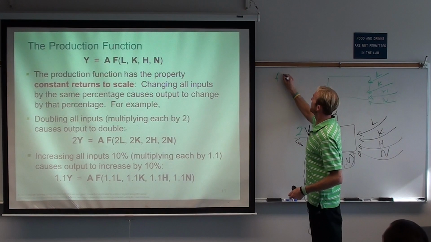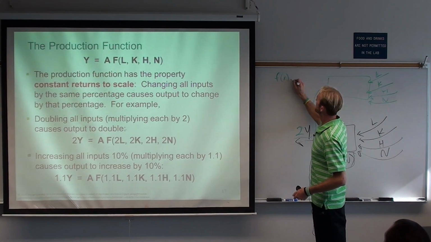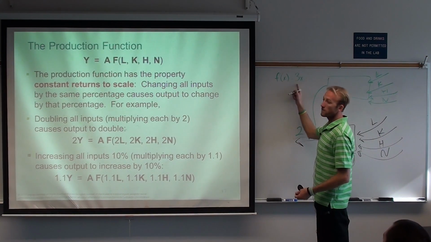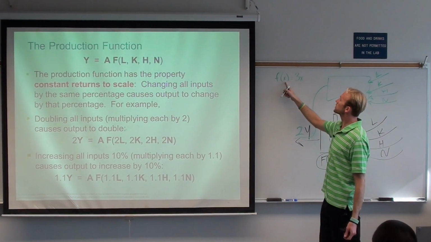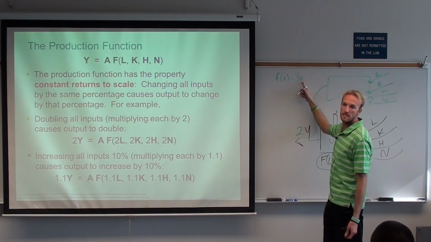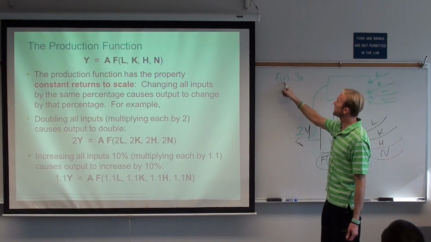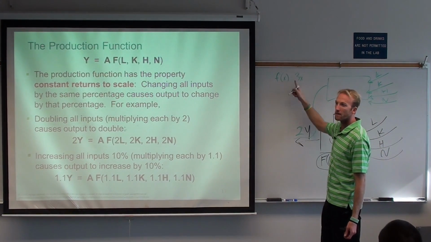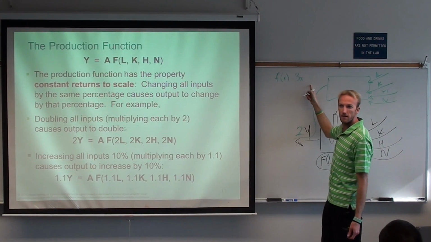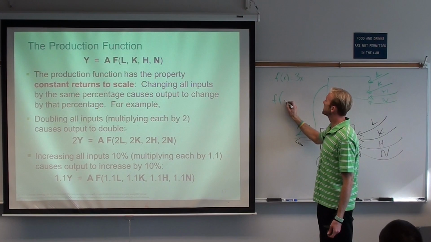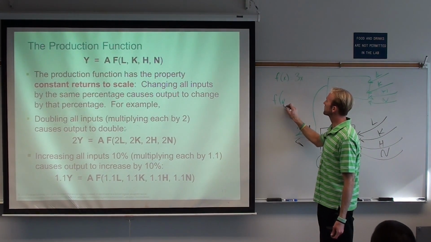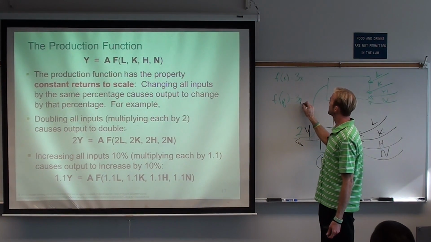You can say it's constant returns to scale. That earlier function that I have, f of x equals 3x, has constant returns to scale, right? If I put in the number 2 here, then I get 6 out. If I double this, I put in 4, then I'm going to get 12. I'm going to get double out of here, right? It's got constant returns to scale. This one, though, let's do f of q equals 3q plus 1.